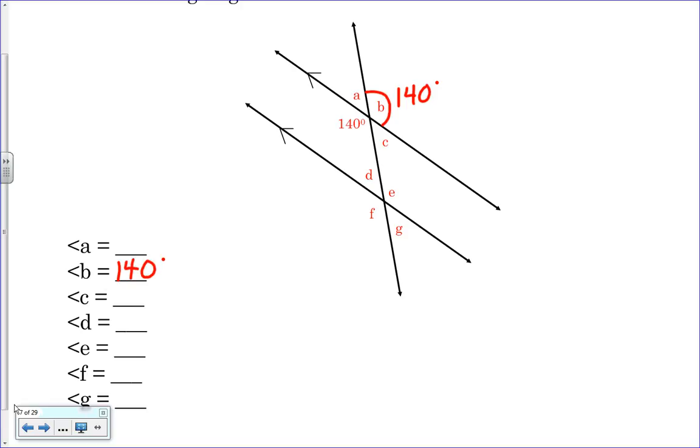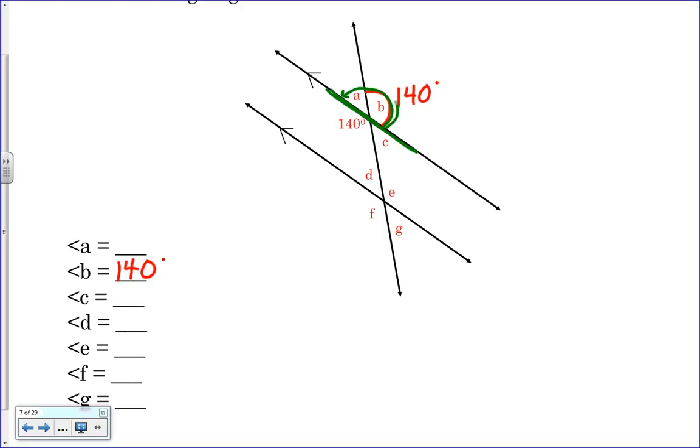Now, the other thing that we can identify, and I've kind of mentioned it a couple of times throughout this lesson, is that if we have a straight line, I know that all of the angles are going to add up to 180. So if I take a look just at this straight line, if I know that this is 140, I've got another little angle right there, which is A, and that together has to equal 180 degrees.